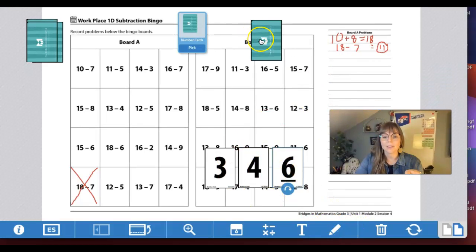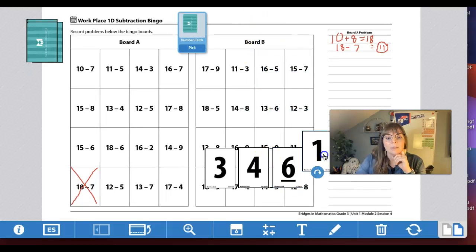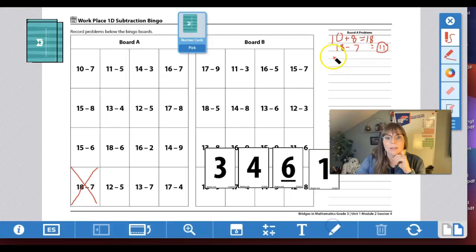Okay, so now I have to choose one more card to subtract. 13 minus 1 equals 12. Okay, now I'm going to look on my bingo board. Let's see, do we see a 12?